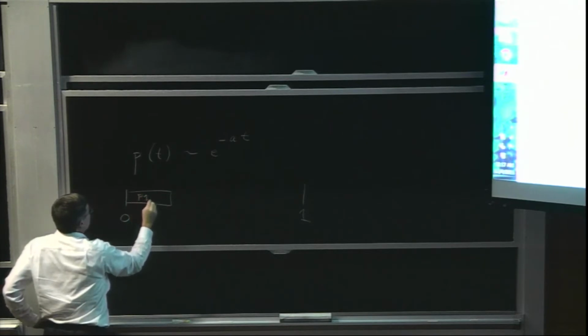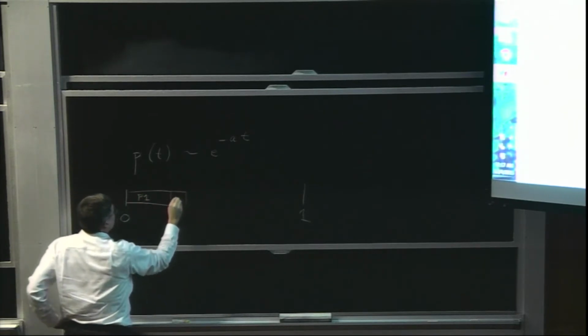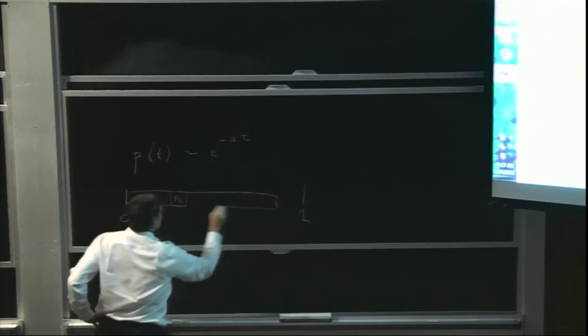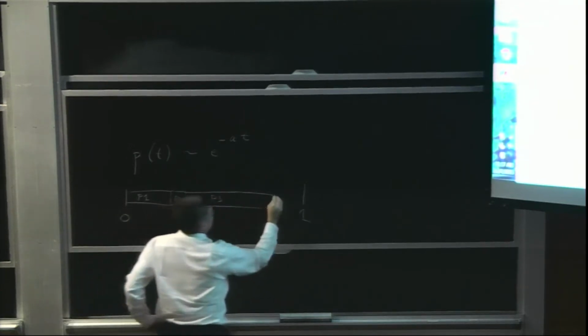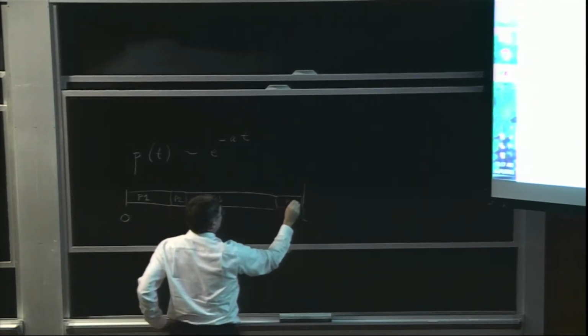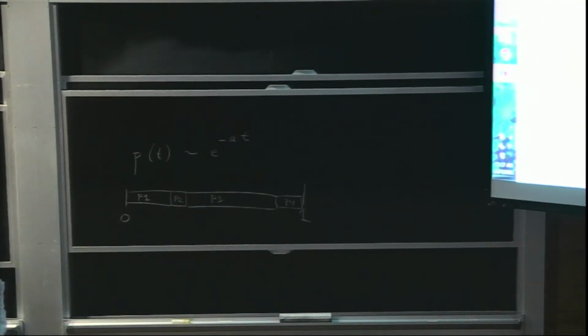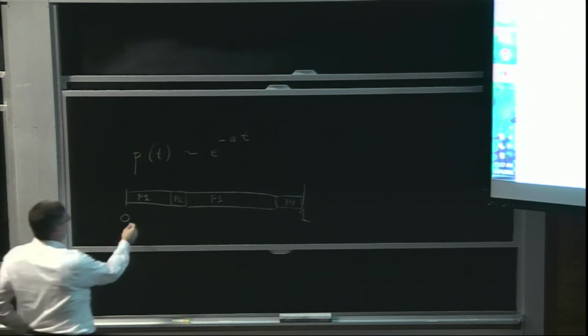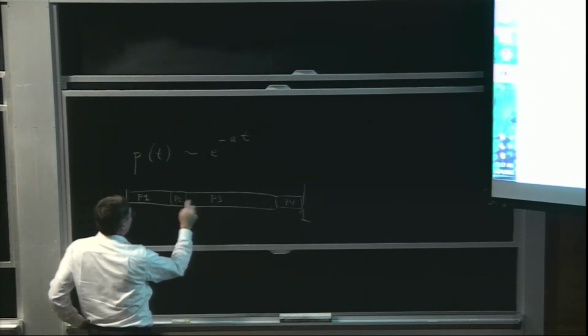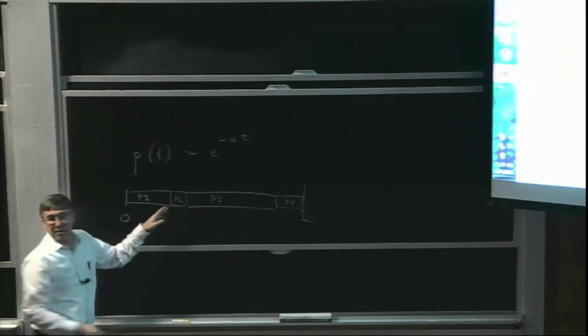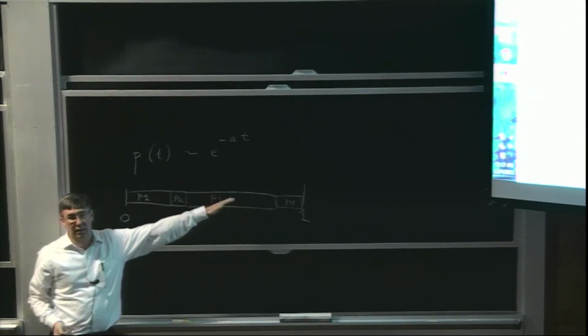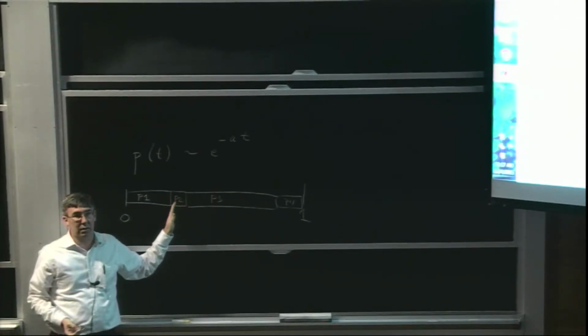Here's the probability that the first process happened, here's the probability that the second process happened, here's the probability that the third process happened, and here's the probability that the fourth process happened. I know these have to add up to 1 because I've computed that something happened. I'm going to compare my random number from 0 to 1 to these breaks, sort it out into these 4 possibilities, and figure out which thing happened. Okay, so this is the second step of Gillespie's algorithm.